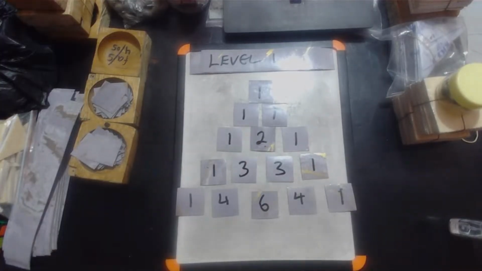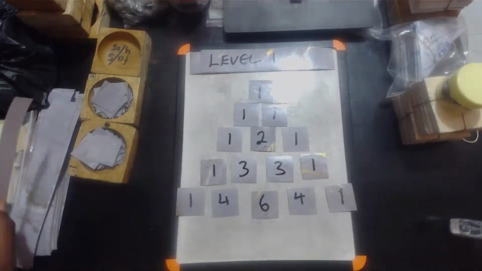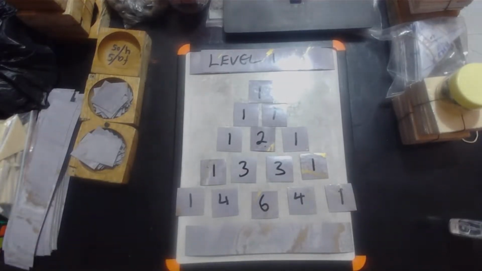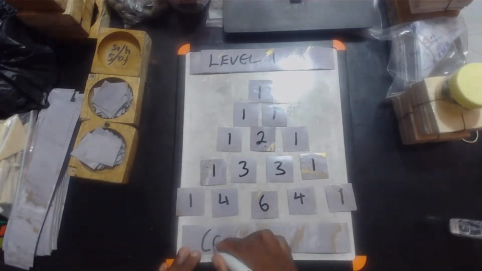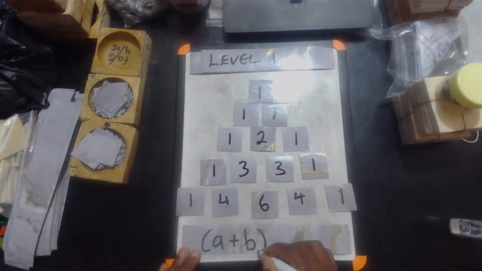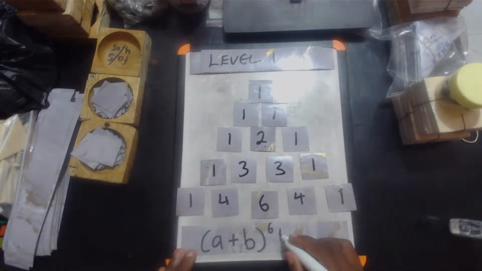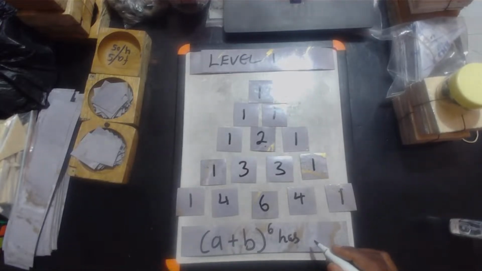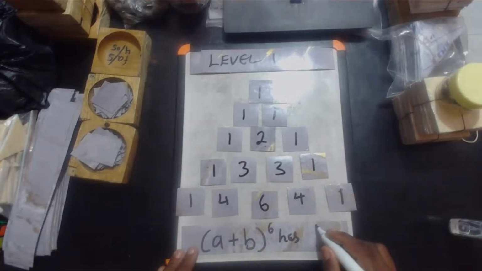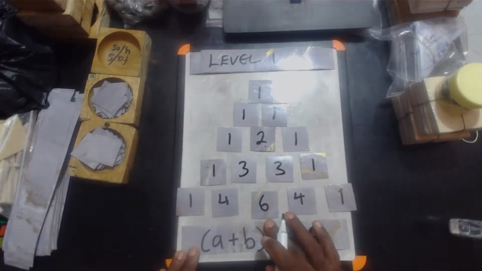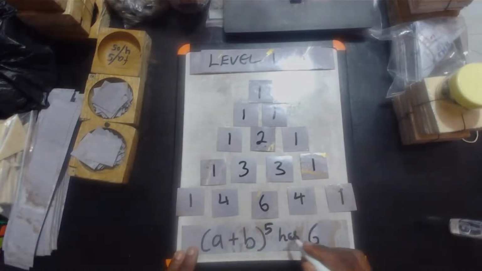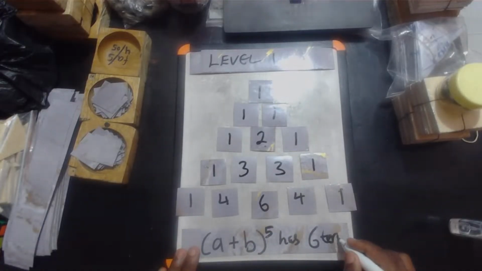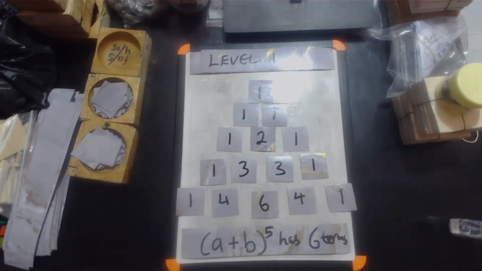The next statement is that the expansion of this term here, a plus b to the power 5, has 6 terms.